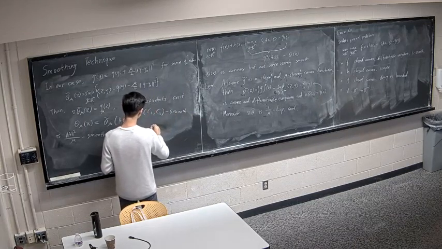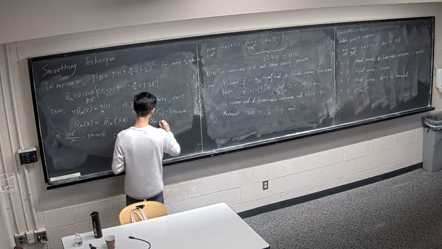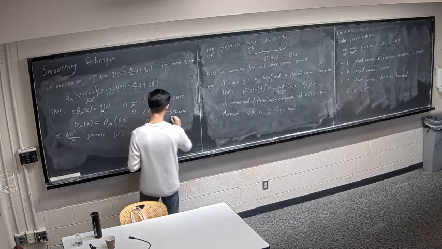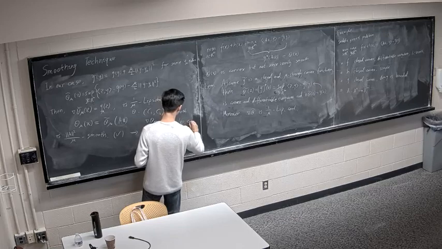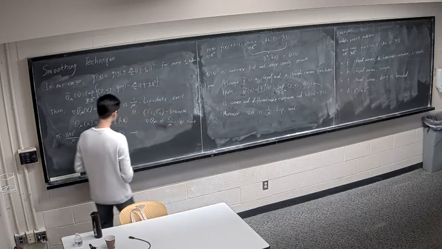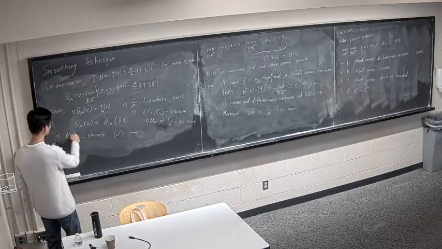One of the conditions is that the gradient of theta mu is C1 over mu Lipschitz continuous. Comparing the two constants, we know C1 is actually the norm of a squared.